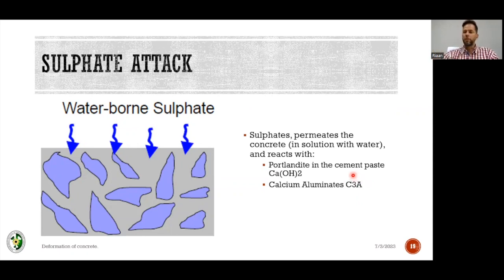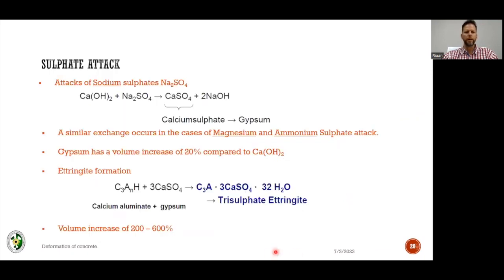But you might have a cement that has excess C3A that did not have a chance to fully hydrate. So as soon as your water comes in and it brings a few sulfates with it, it gets into touch with your calcium hydroxide, your Ca(OH)2, or CH in short, and your calcium aluminates, your C3A, and it starts reacting. Now, why is that bad?